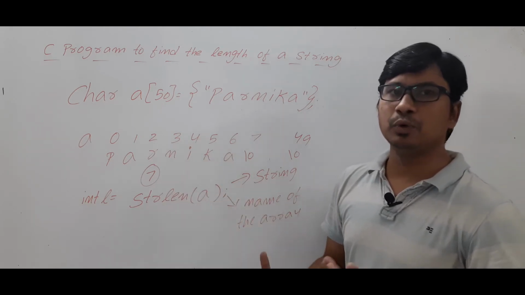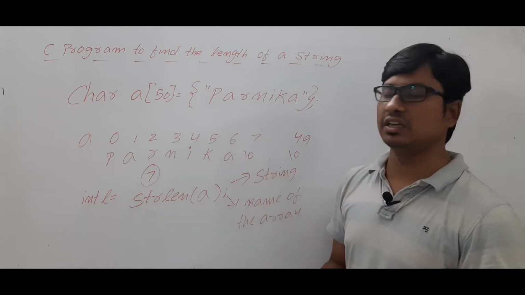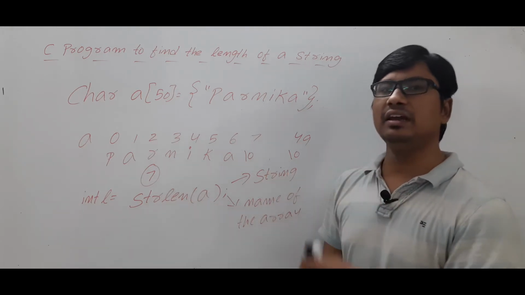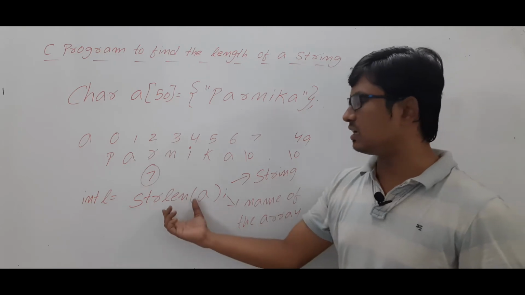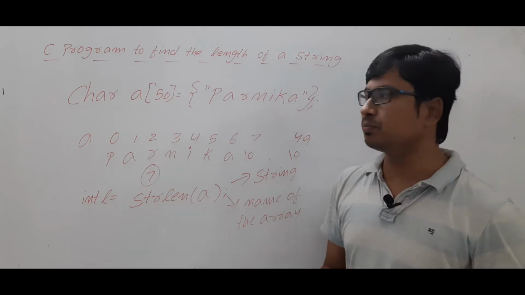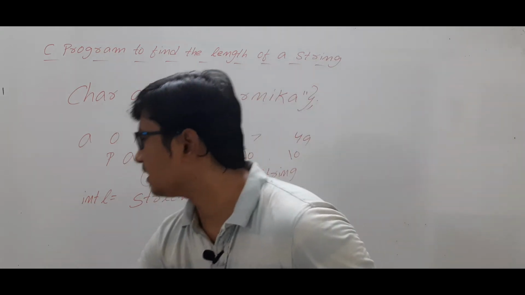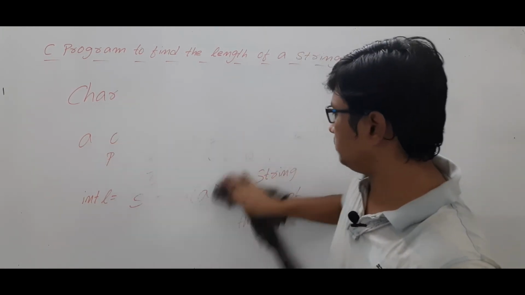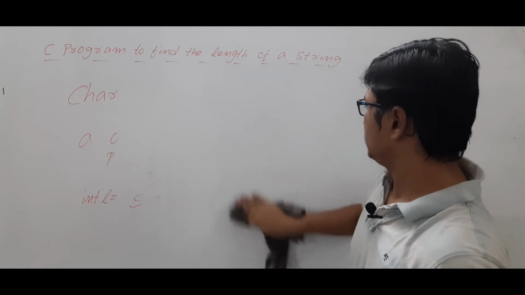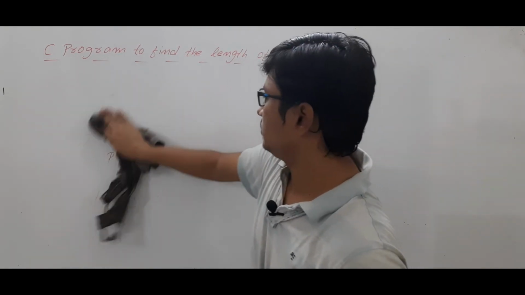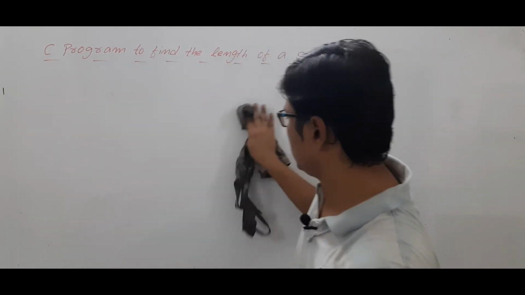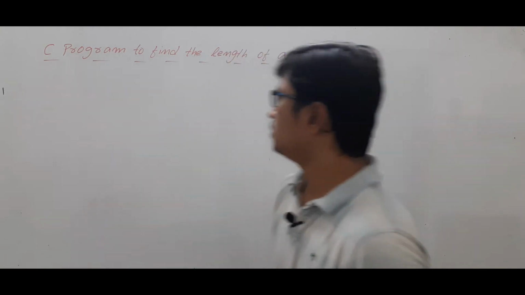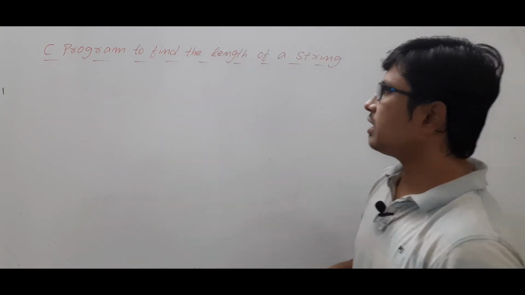Now let me write the program to find the length of the string using strlen. Then I will discuss how to write the same program without using the strlen function. So let me erase this so that I can use this space to write the program. Let me include the header file.